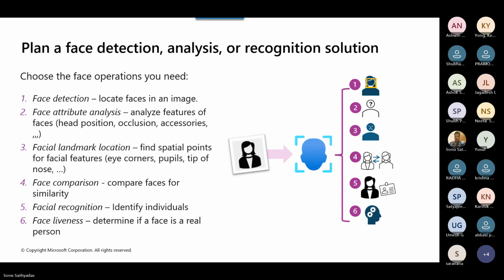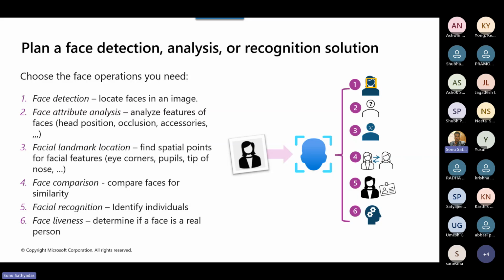Facial recognition means identifying people whenever they come in front of the camera. From the stored images, it will recognize them. It is typically used for attendance marking. Whenever you go inside the office, it will automatically capture your face and mark your attendance: okay, Mr. Sonu has entered, so he is in.